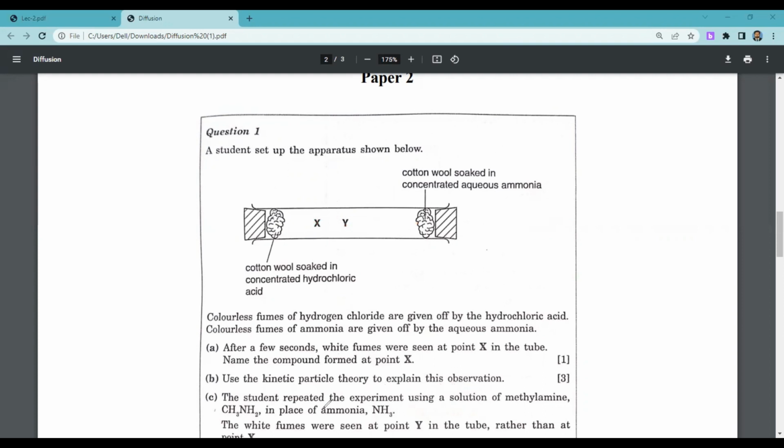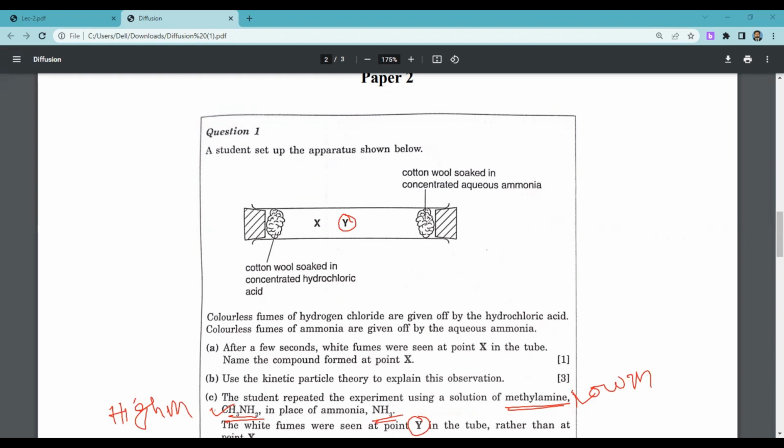Another question is that a student repeated the experiment using a solution of methylamine, CH3NH2, in place of ammonia. You can see that this molecule has a high molecular weight, while the other molecule has a low molecular weight. The white fumes were seen at point Y. What's the reason? Explain the reason.